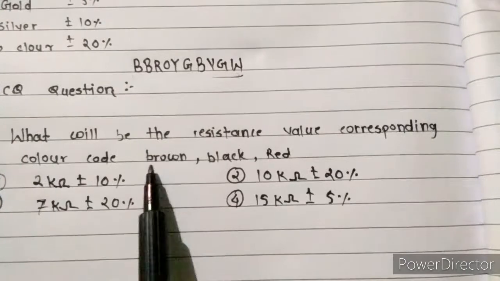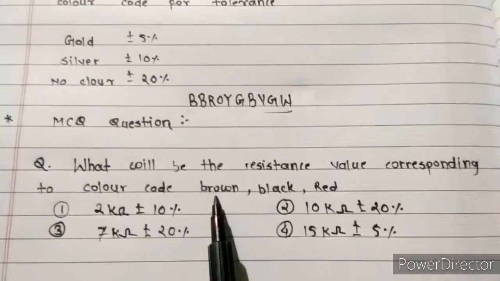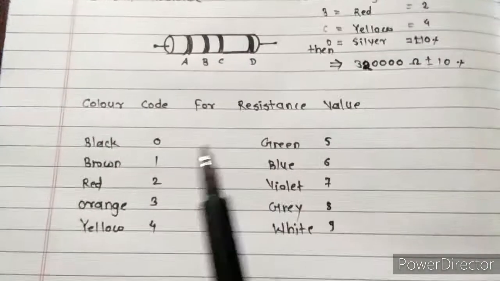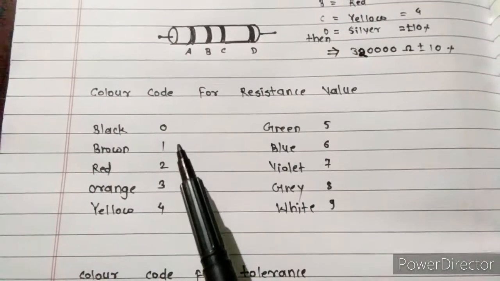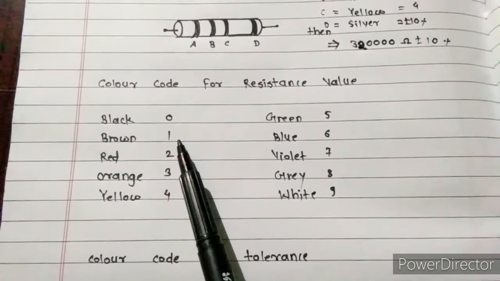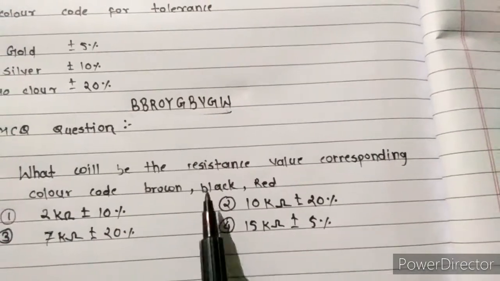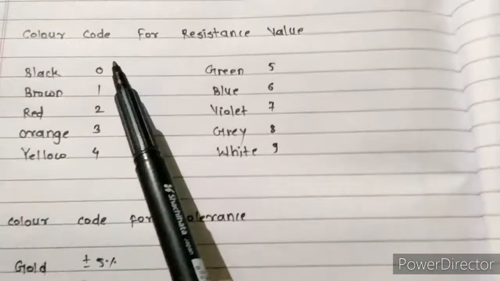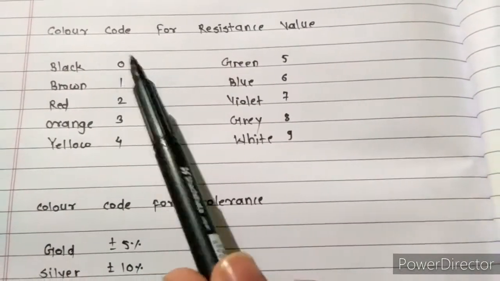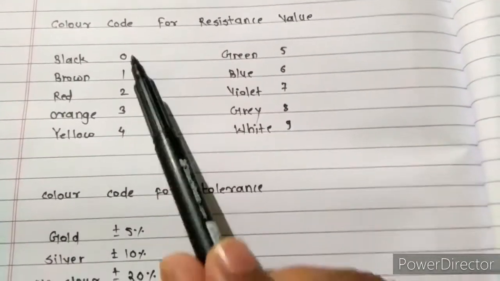Let's see the first three bands. Our first band is brown, so which number defines brown? Here number 1 defines brown, so we get the first digit as 1. Next, the second band is black, and number 0 defines black, so we get the first two digits, that is 1 and 0, that is 10.